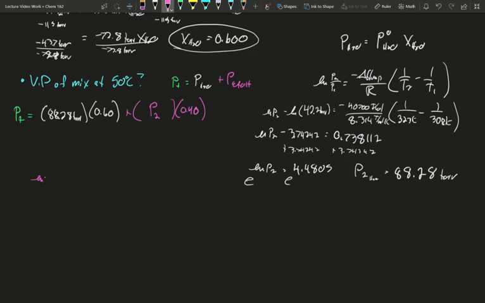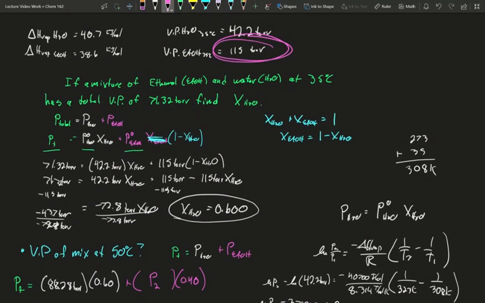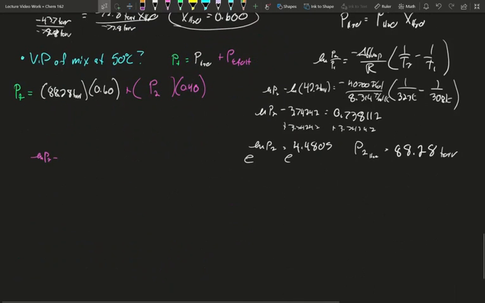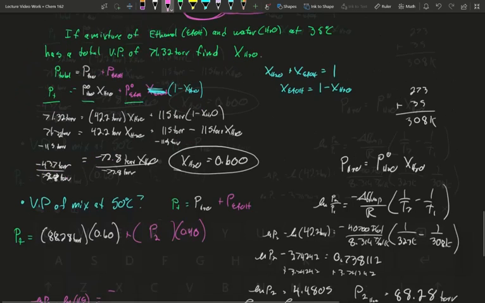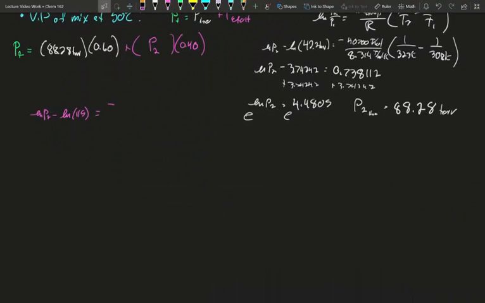Again, there's going to be a natural log of pressure 2 minus natural log of pressure 1. For ethanol, that was 115 torr at 35 degrees Celsius. So natural log of 115, that's all going to equal negative delta H of vaporization for the ethanol, which was provided to us as 38.6 kilojoules per mole.